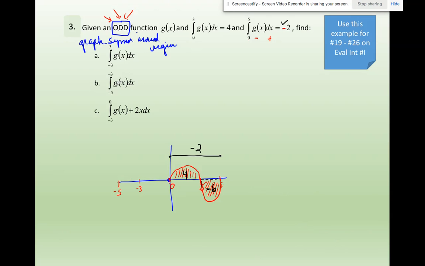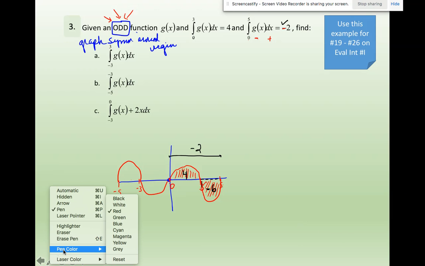If the function is odd, and this is what I've drawn in order to get my negative 2, if I've drawn this to the right of the origin, what do you draw to the left? And what would those integral values be?